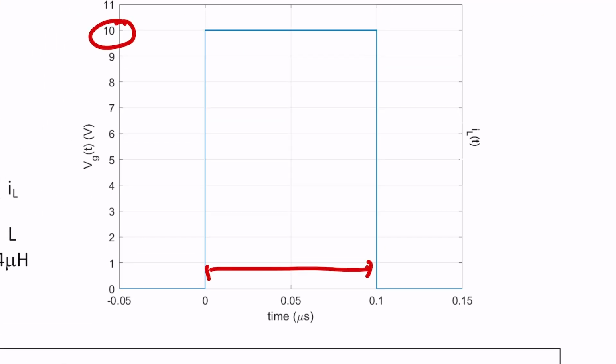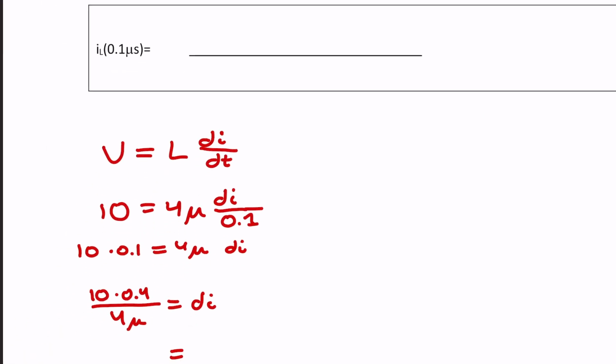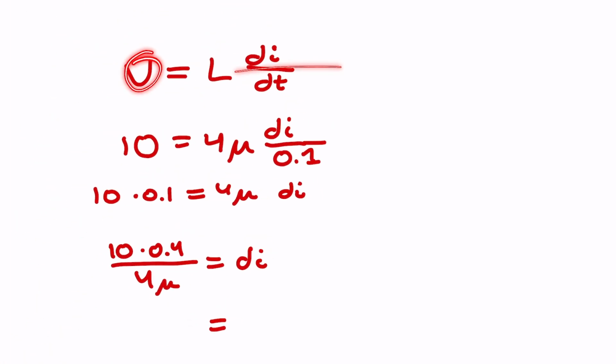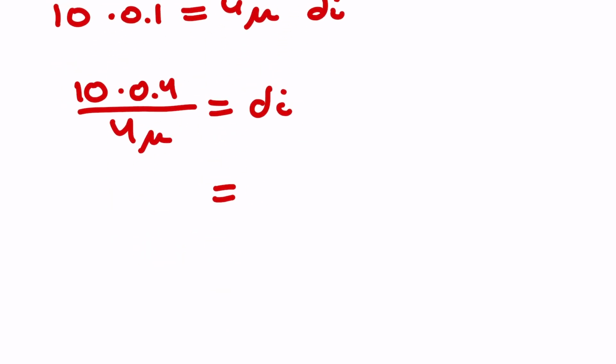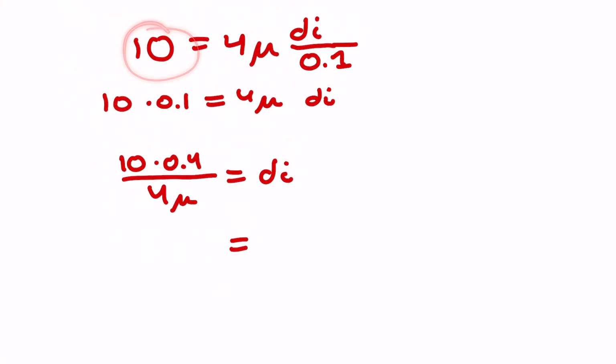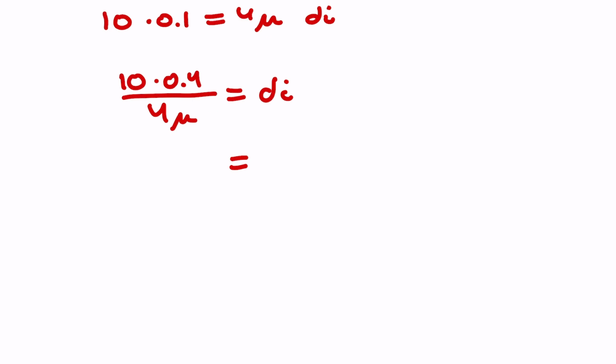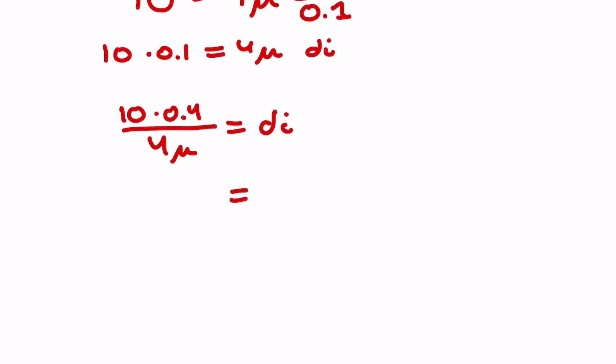Again, after this, the voltage is 0. Before this, the voltage is 0. So there's not going to be a change in I. This is just going to zero out all of this. But in that time when voltage is 10, we can find how much I changed. And when you solve this, what you end up getting is that it changed by 0.25 amps.